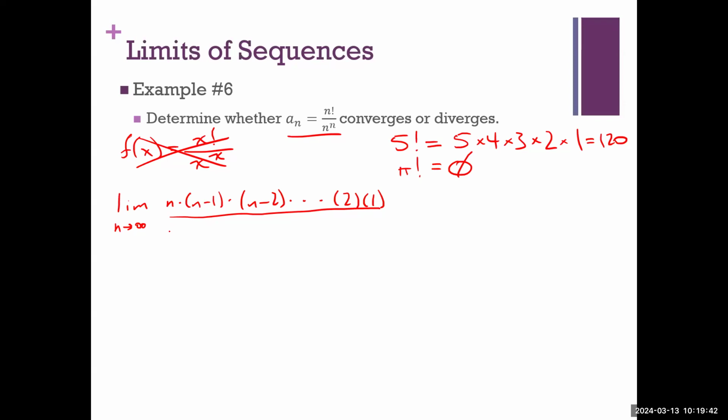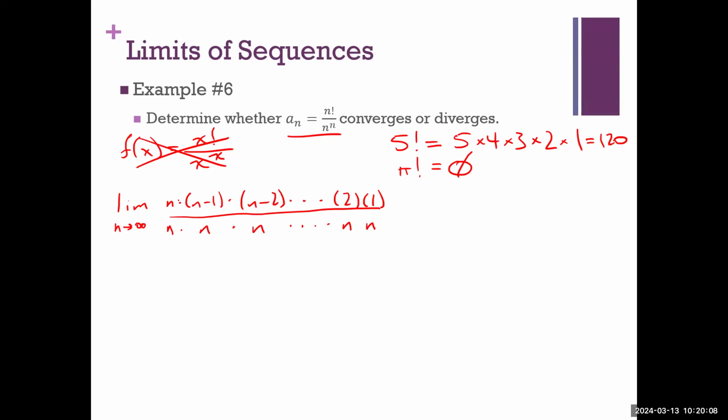I'm trying to keep this generic, right? So how many n's are there going to be? n times n times n. How many of these are there going to be? An amount, right? So basically, this is what this sequence kind of looks like. I have to abbreviate it because I don't know how big n is.